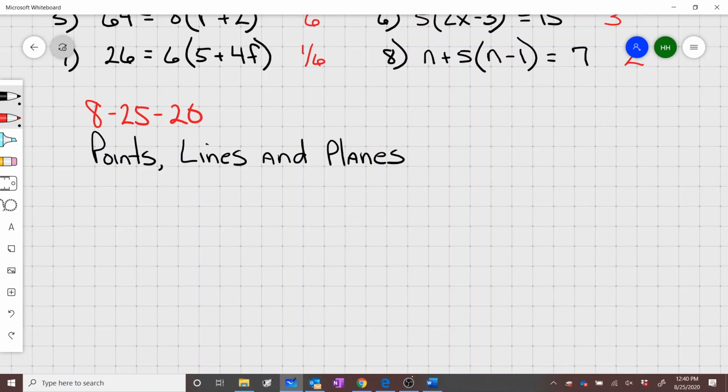So a point is a location. It has neither shape nor size.